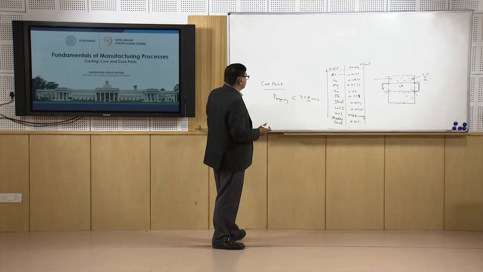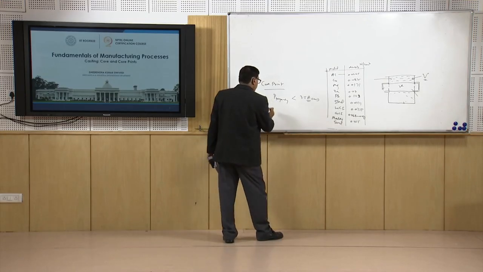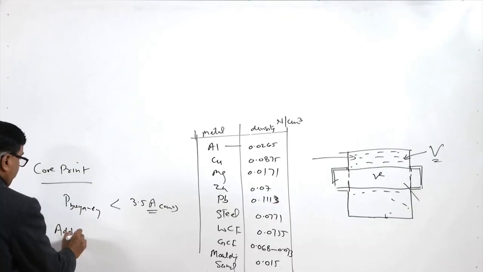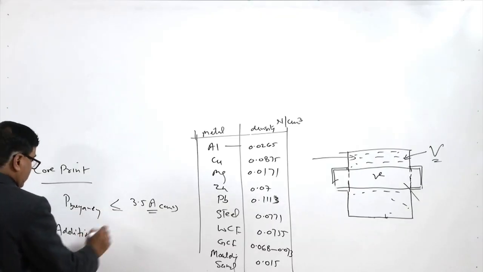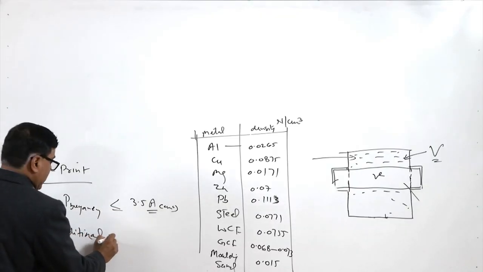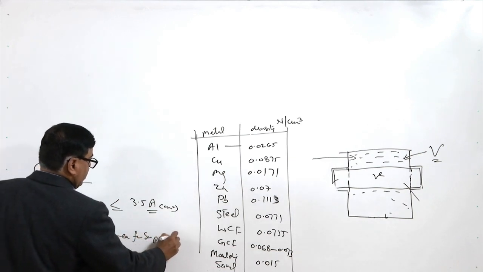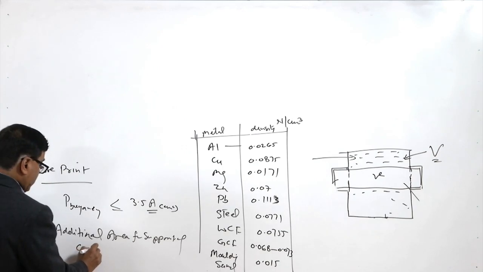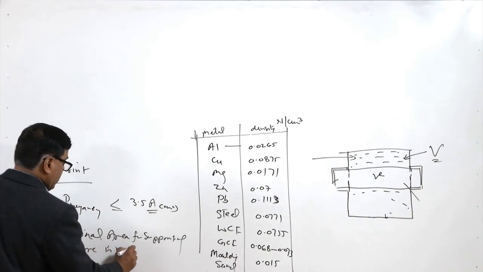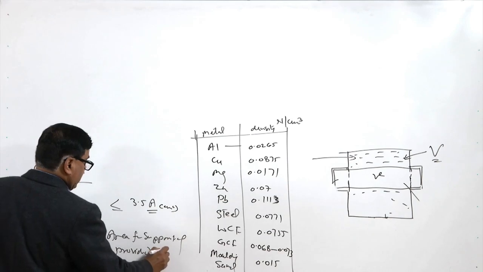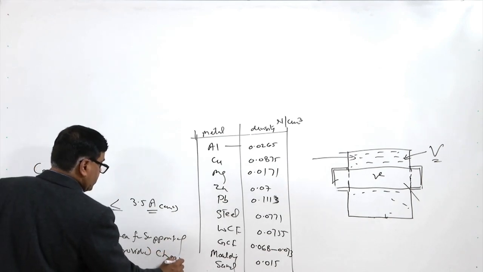If that is not the case, if this equation is not satisfied, then additional area for support of the core is provided, and for this purpose chaplets are used.